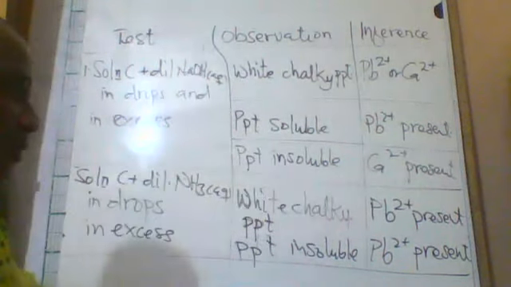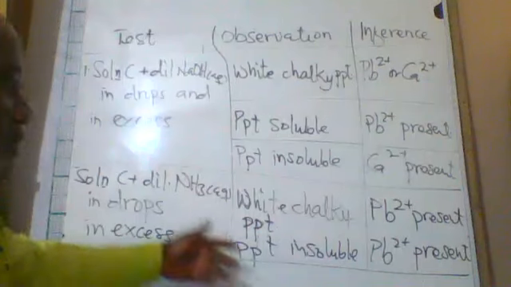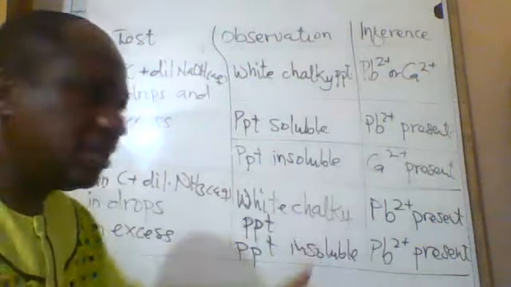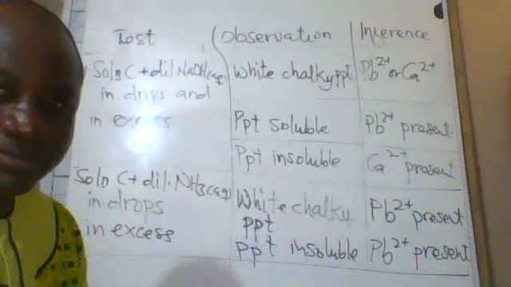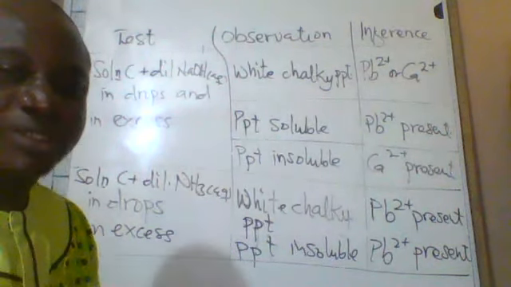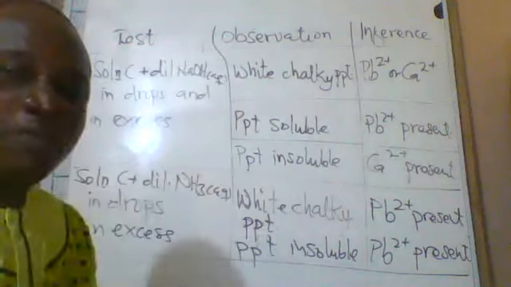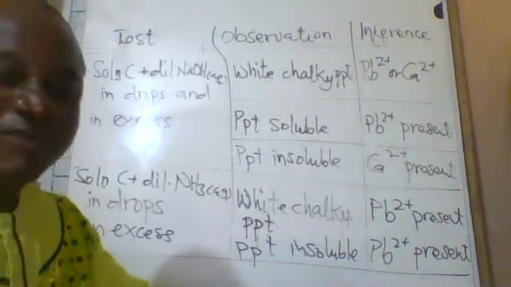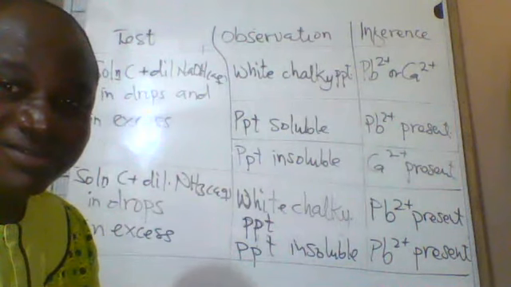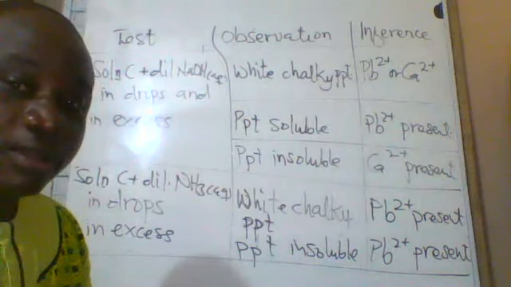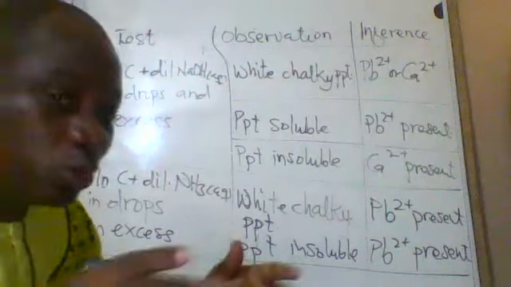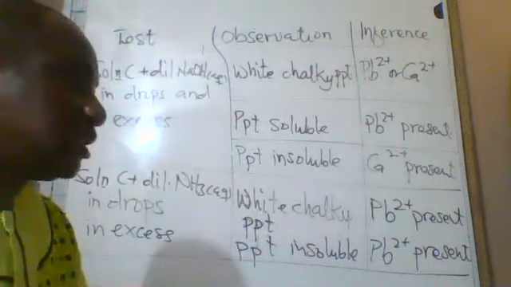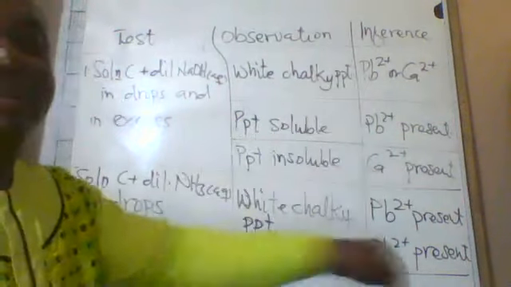After doing the preliminary test, for example, by using the ammonia, we have concluded that lead is present. Then the question can ask you to perform one confirmatory test on the ion you have identified. So here, the question is not directing you as to what to do, but you should know the confirmatory test for lead and perform that test on the lead.